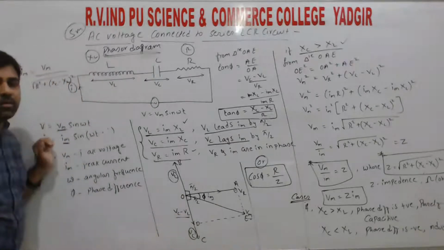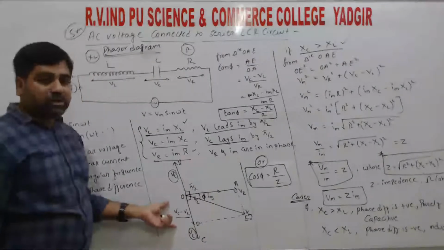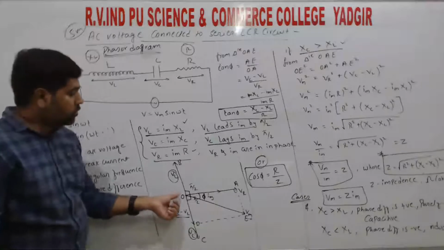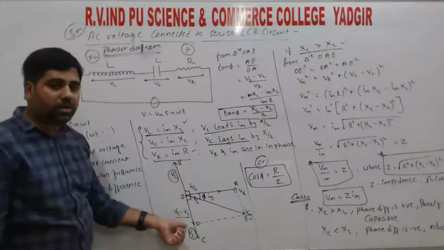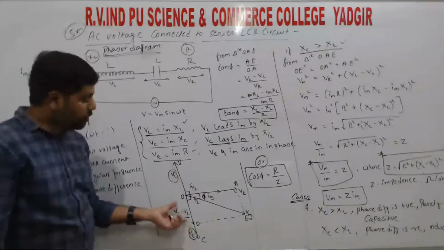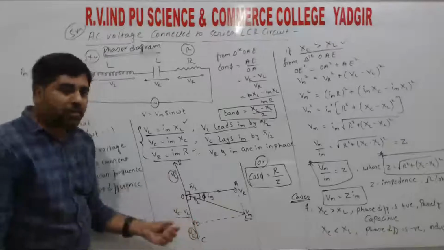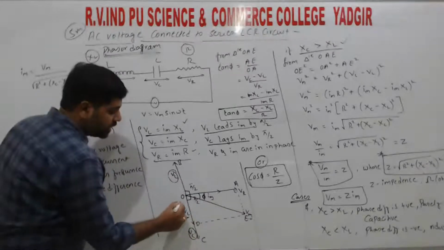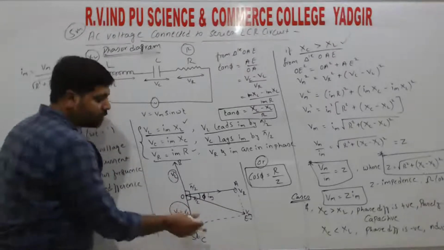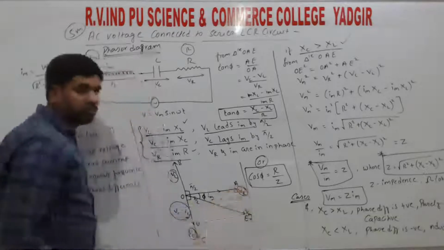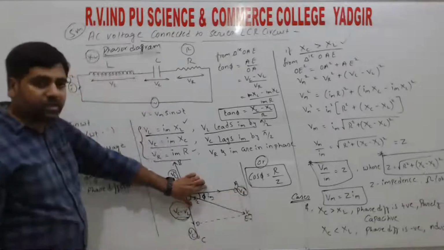This is again from the triangle of resultant of two vectors. So one is in the upward direction and another one is in downward direction. So by using the vectors the resultant we use is VC minus VL. Then we need to find the resultant of VC minus VL with the VR. So that means we get two vectors, right?